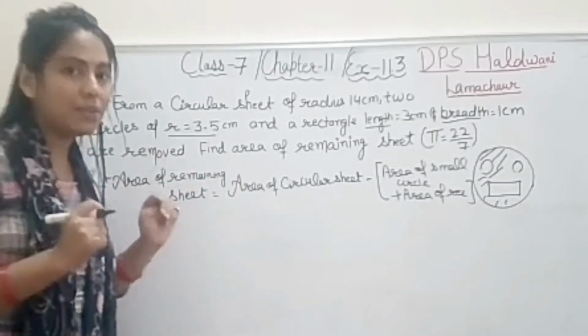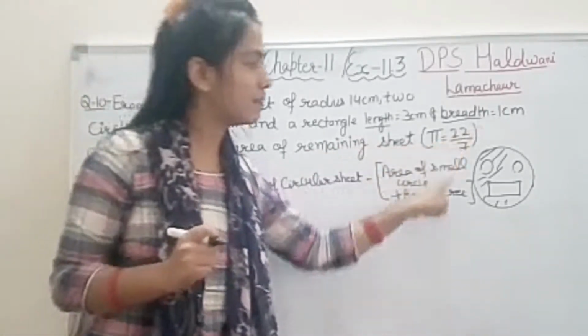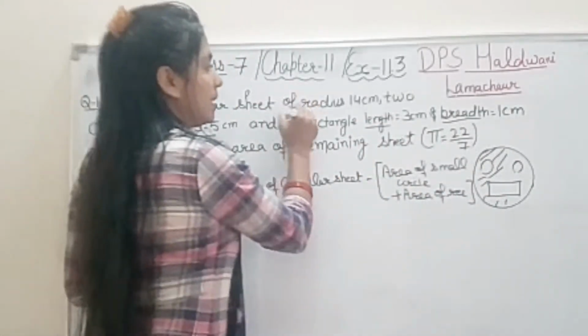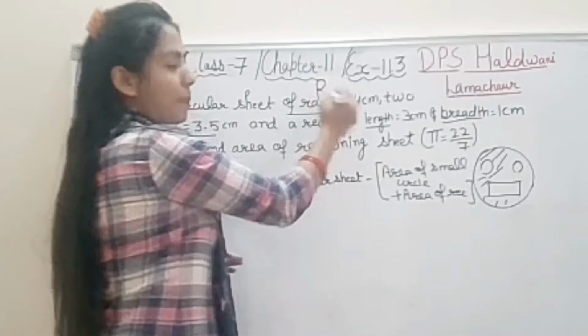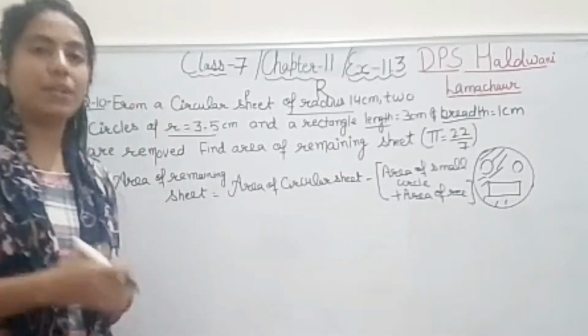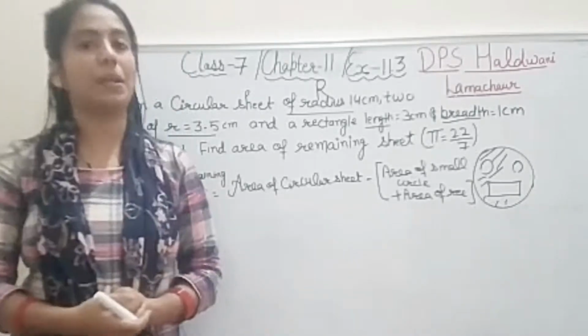Now see, two circles we have, one is the bigger circle, one is the smaller circle. So always represent the radius of the bigger circle with capital R, and the radius of the small circle with small r. Always keep this in mind.